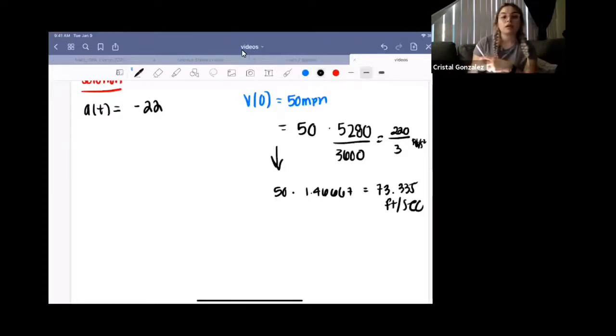Okay, so this is something that now we know, and this gives us our initial velocity. And remember that at the end of the day this is going to help us.